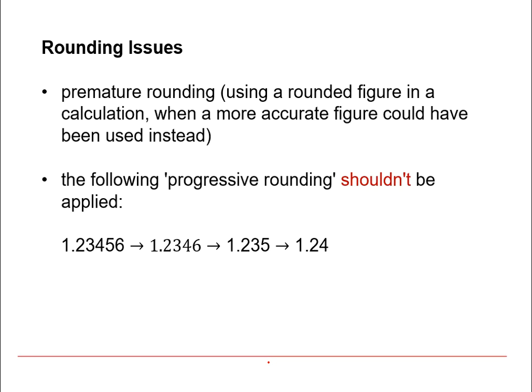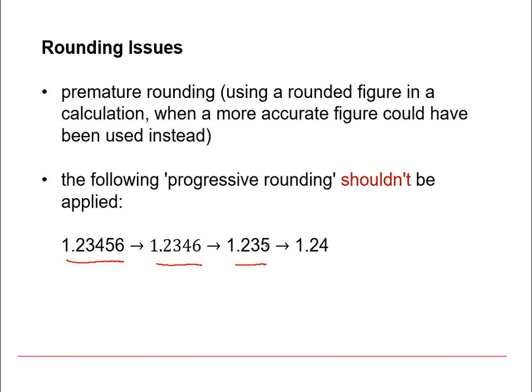And then another issue is progressive rounding, which should obviously be avoided. This is where we take a value of say 1.23456, and we can round that to 4 decimal places to give 1.2346, and then what we mustn't do is round it again to 1.235.